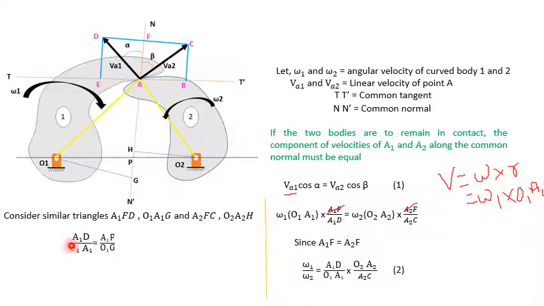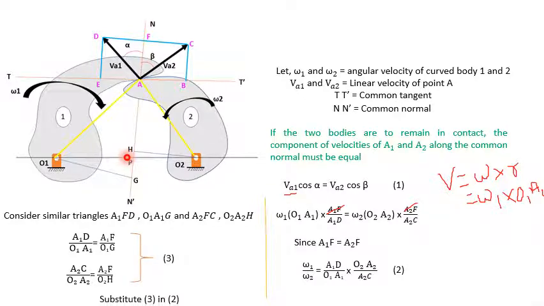So A1D divided by O1A1 is equal to A1F divided by O1G. Similarly, for these two triangles, A2C divided by O2A2 is equal to A2F divided by O2H. Let me call this equation number 3.